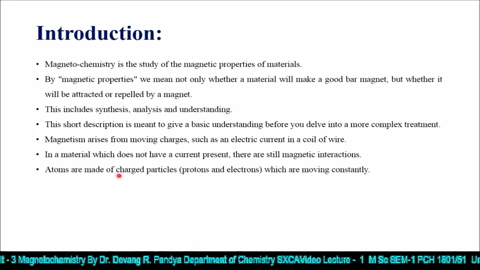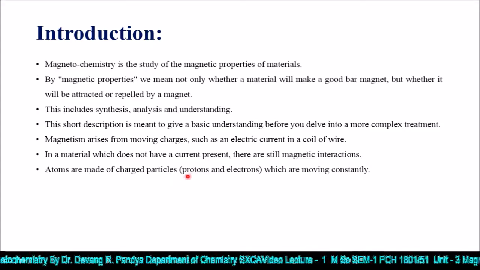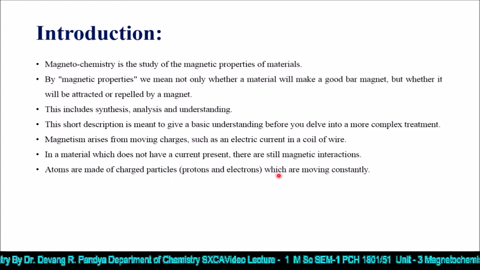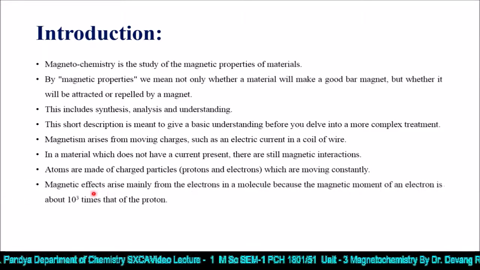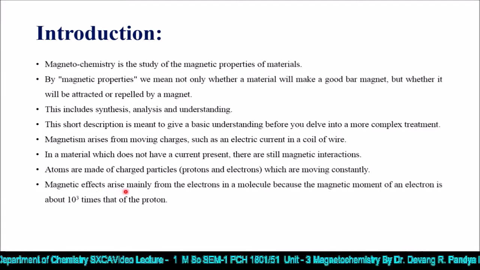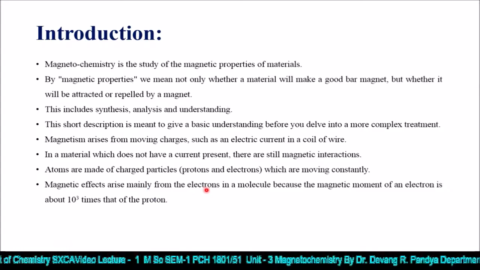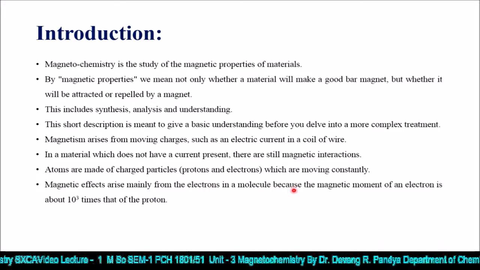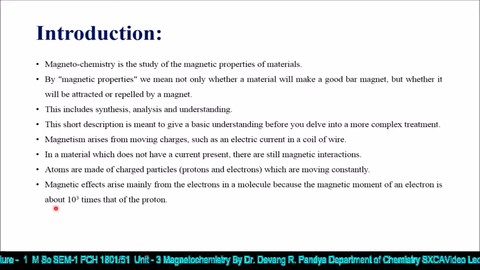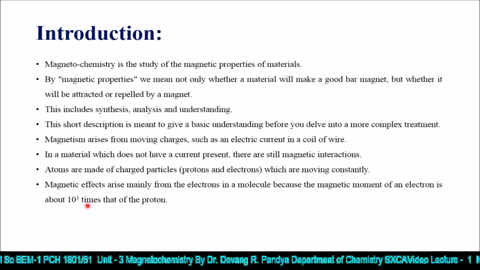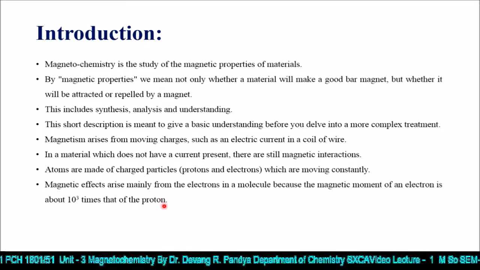Atoms are made of charged particles like protons and electrons, which are moving constantly. Magnetic effects arise mainly from the electrons in a molecule because the magnetic moment of an electron is about 10⁻³ times that of the proton.